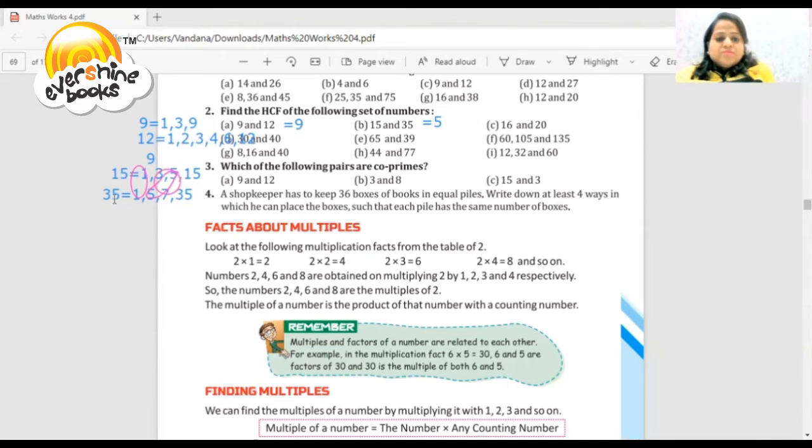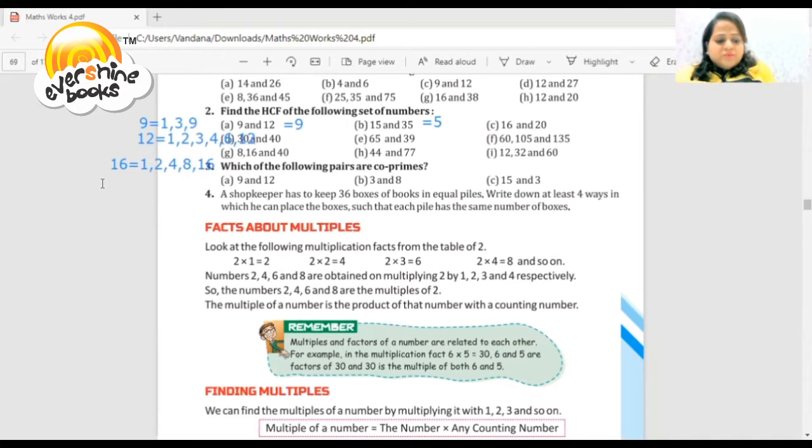Now students, write here 16 and number 20, because you have to find the factors first. For 16, write 1, then 2, then 4, then 8, then 16 is the last number.